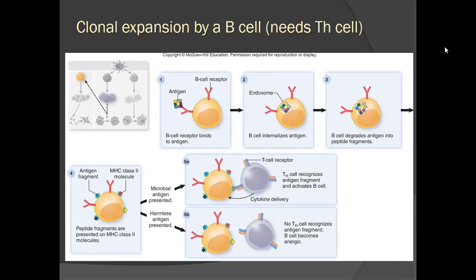Upon recognition, you have that cytokine delivery that leads to the activation, proliferation and expansion of, in this case, the B cell. So when a cell brings in something from the external environment, in this case by the B cell receptor, it's broken up and presented on MHC2, which presents to the T cell receptor on a helper T cell.